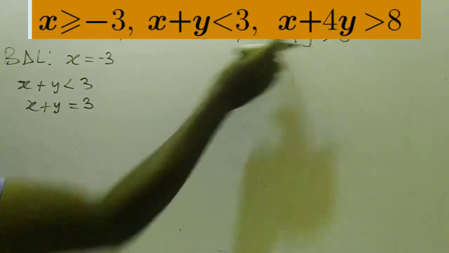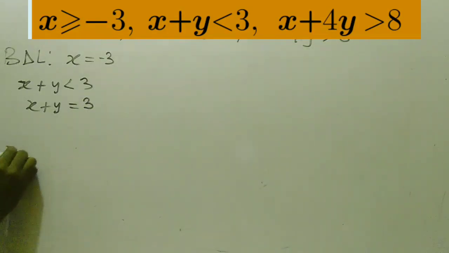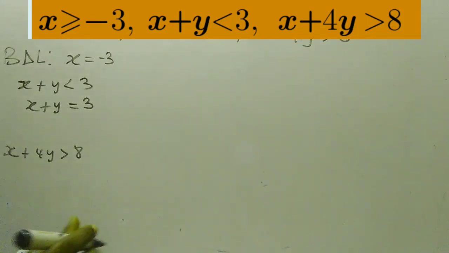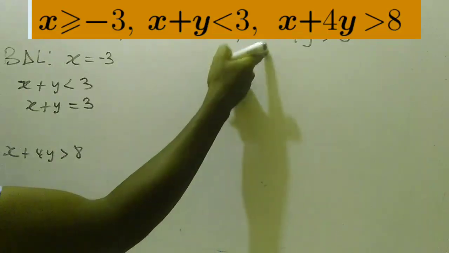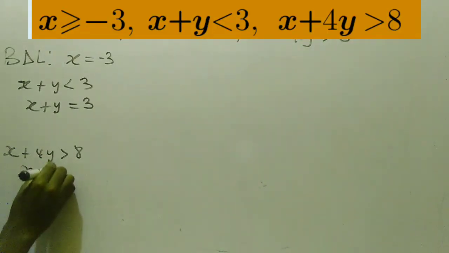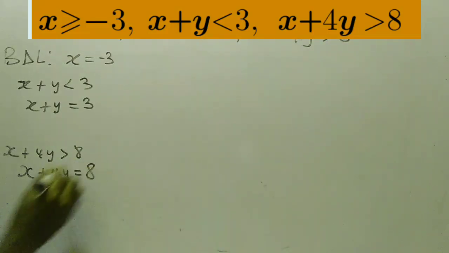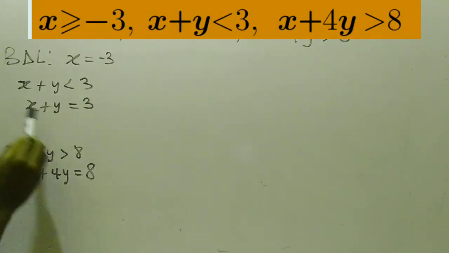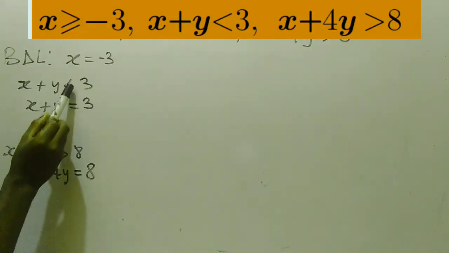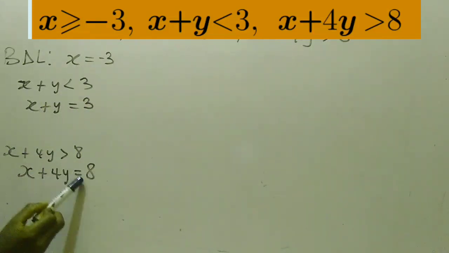Now if I want to get the boundary line for x plus 4y greater than 8, the boundary line for this is going to be x plus 4y equal to 8.